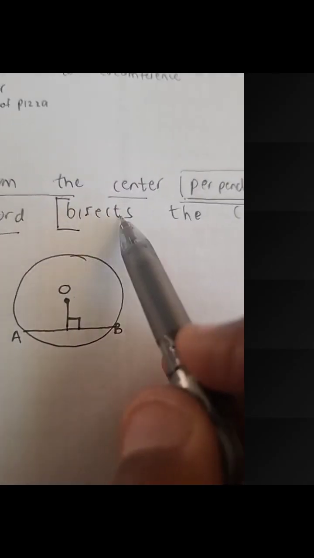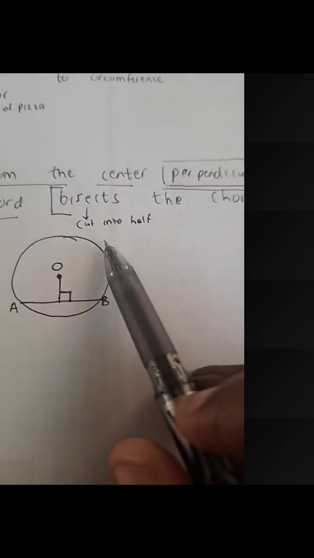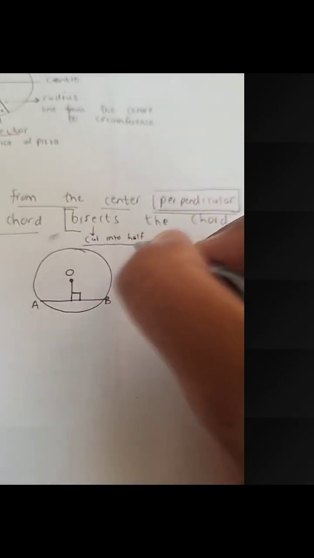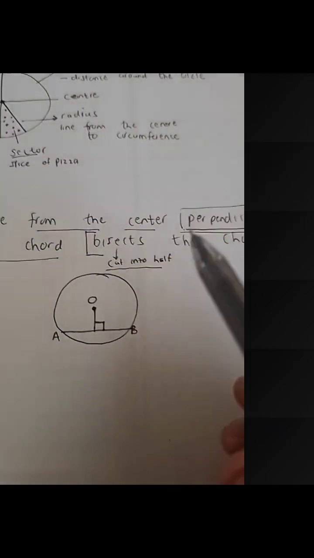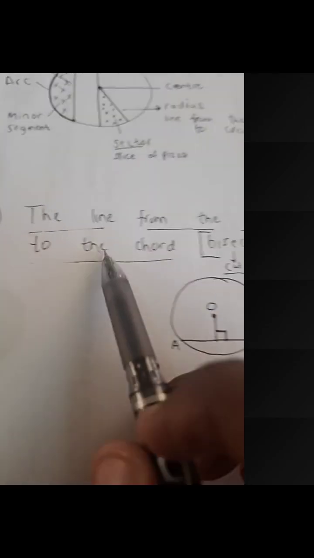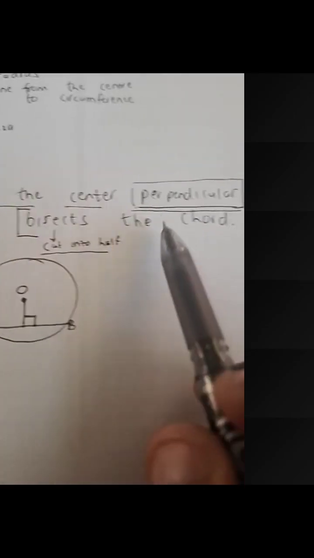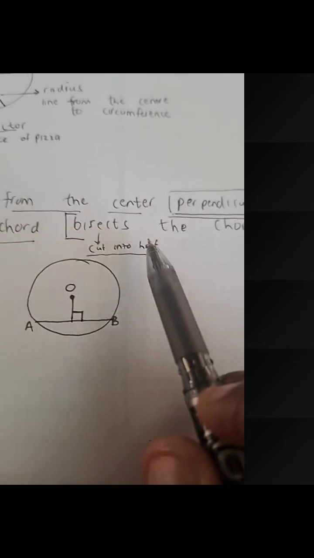What does bisect mean? Bisect means cut into half. So the line from the center perpendicular to the chord bisects the chord.